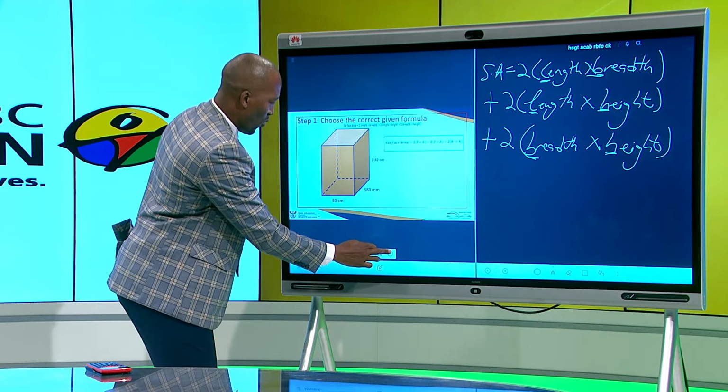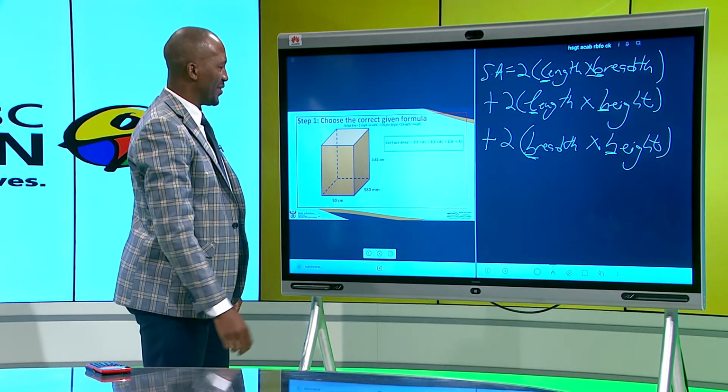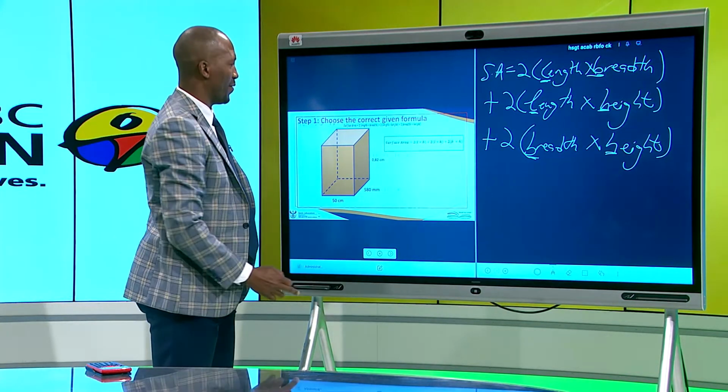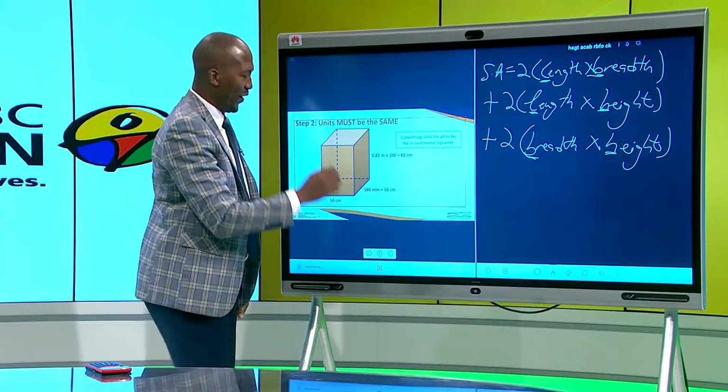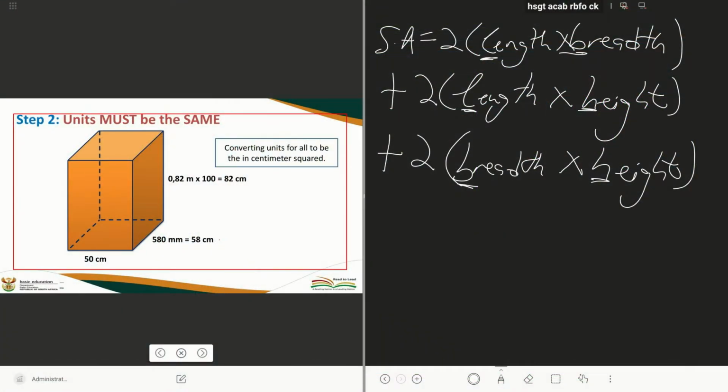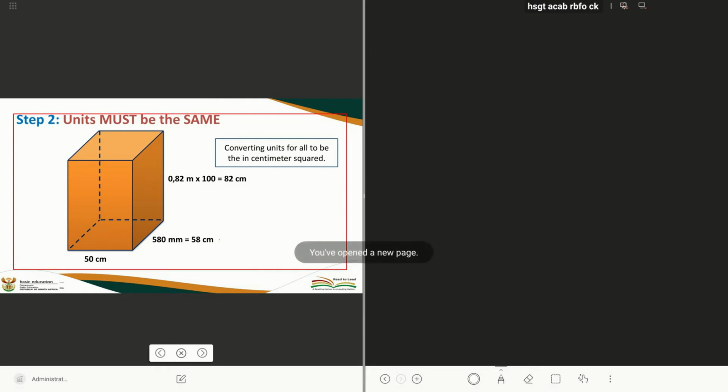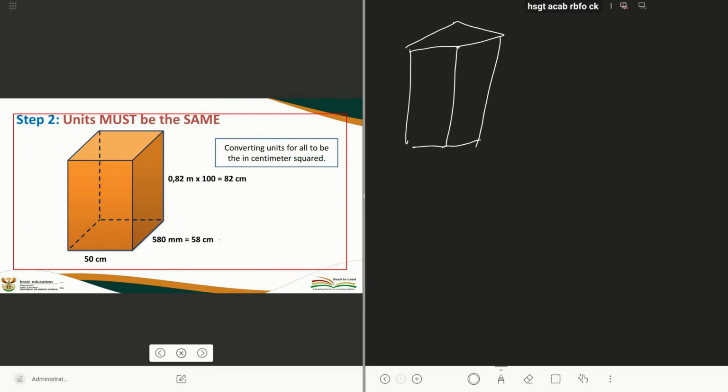Now, what happens here? Converting, step number 2. Utilizing the formula, but we are converting. Remember in our figure that we did last time, what we did there, we said this one is 82 centimeters.